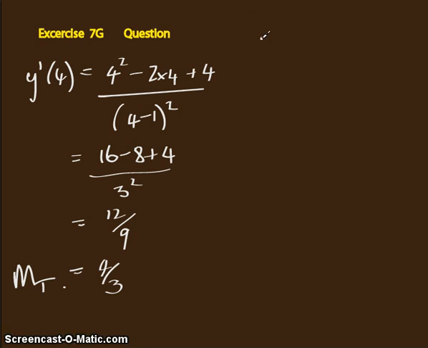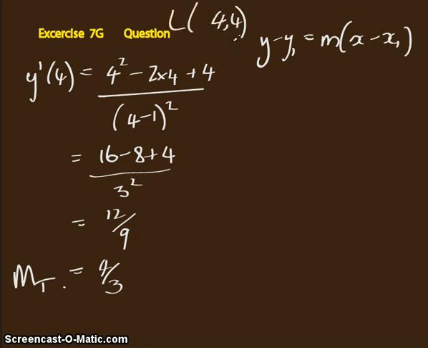Now using my point gradient formula, and the fact that my point L was the point (4, 4), I plug in those values of y1, x1 and m into this formula. y minus 4 equals 4/3 times x minus 4.